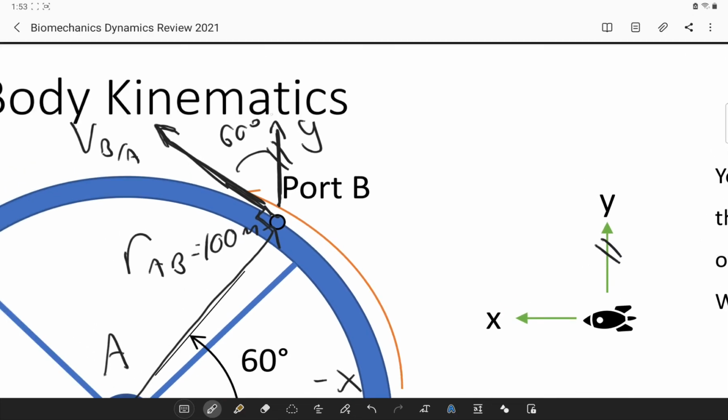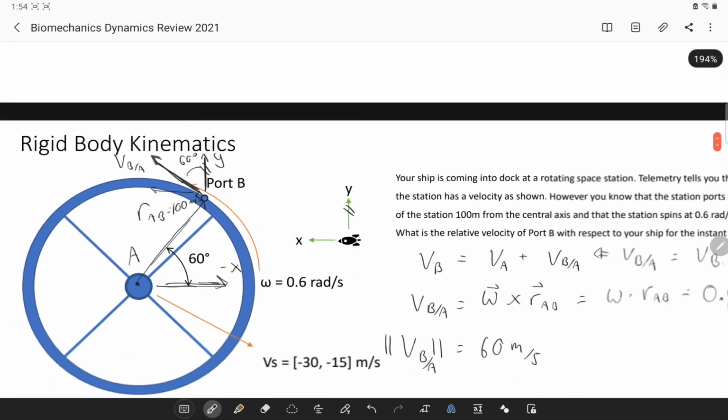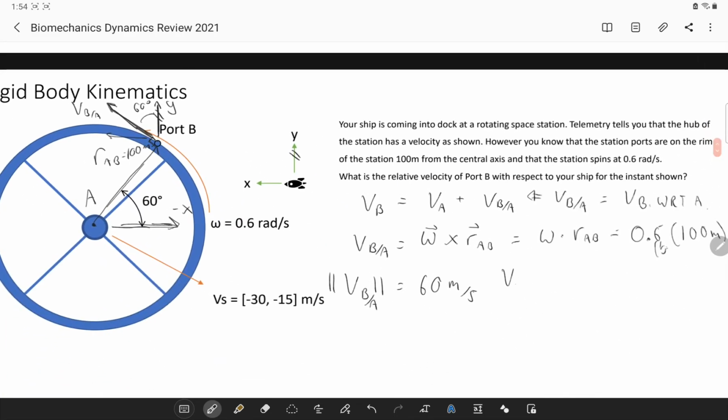Then we can get the x and y components by using sine and cosine. In this case, the y is going to be the cosine, and the x is going to be the sine. So our velocity of B with respect to A as a vector is equal to 60 sine 60 degrees plus 60 cosine 60 degrees.